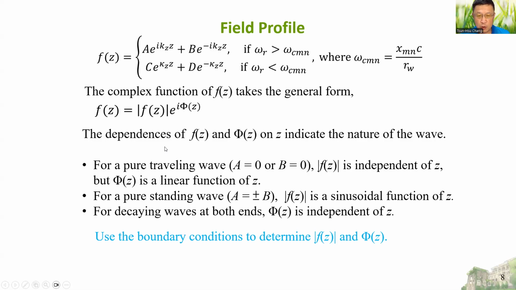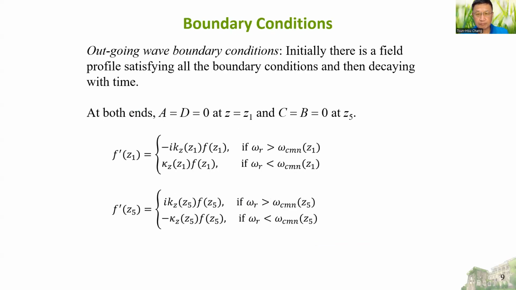We already used the boundary condition on the side wall, but remember we have two ends, upstream and downstream. I mean the left-hand side as well as the right-hand side boundary condition. So what kind of boundary condition should be employed?